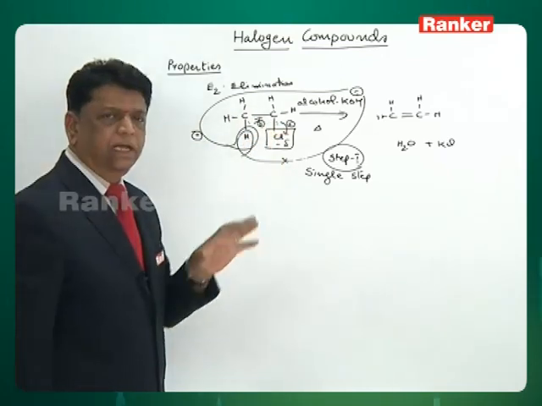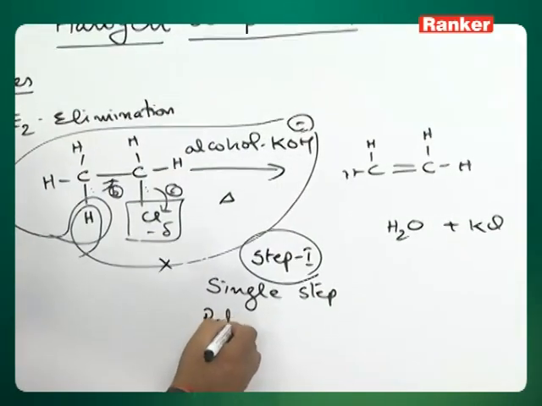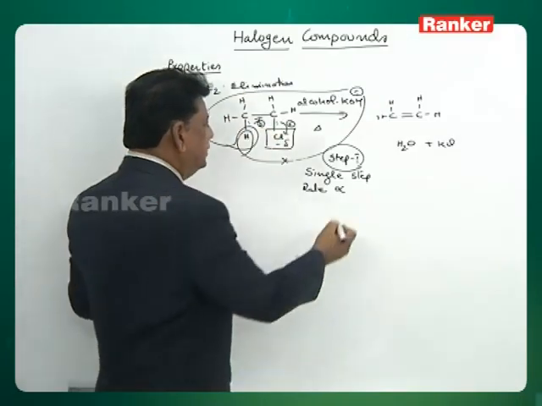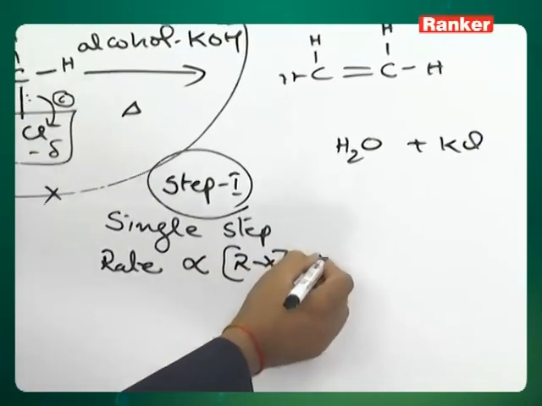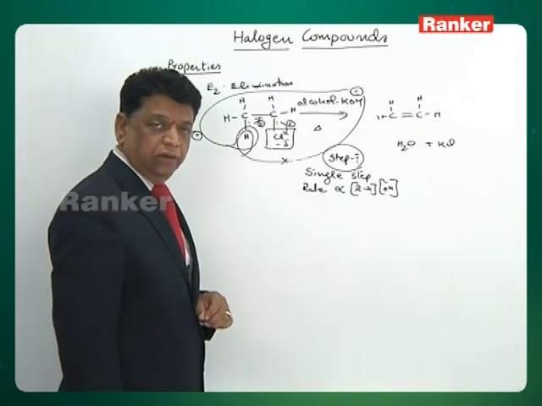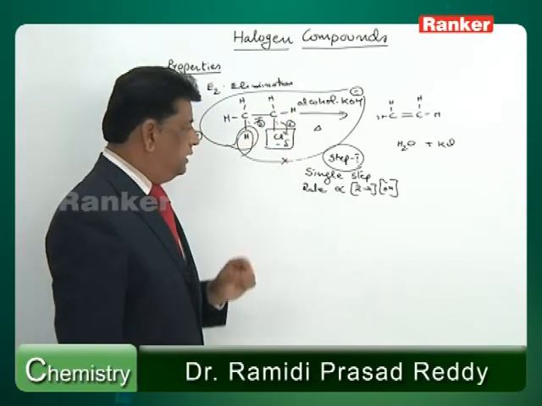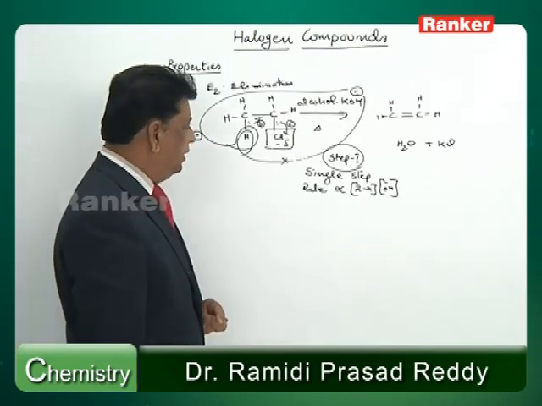All takes place simultaneously. So therefore the rate of the reaction will be directly proportional to the alkyl halide concentration as well as the concentration of the OH minus. So therefore it is called bimolecular, that is 2 molecules' concentration is influencing the rate of the reaction, therefore it is called bimolecular elimination.